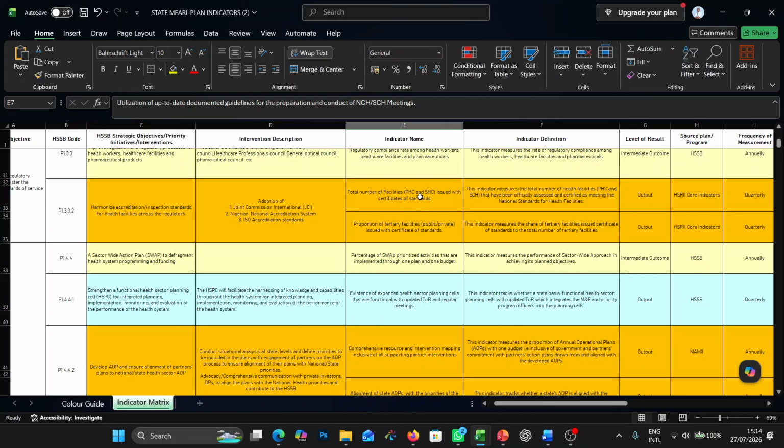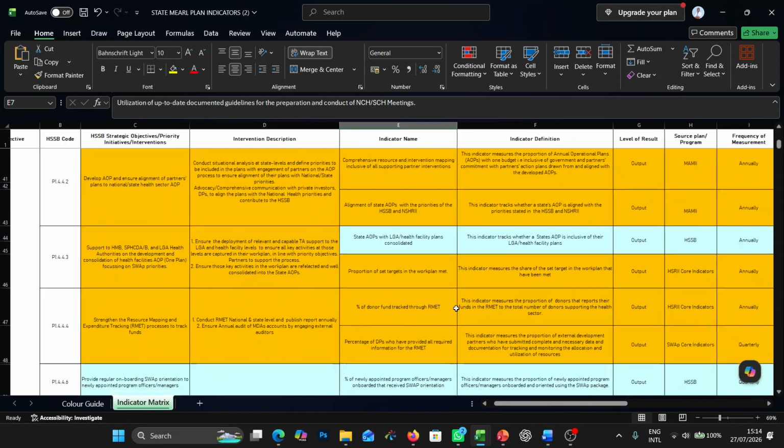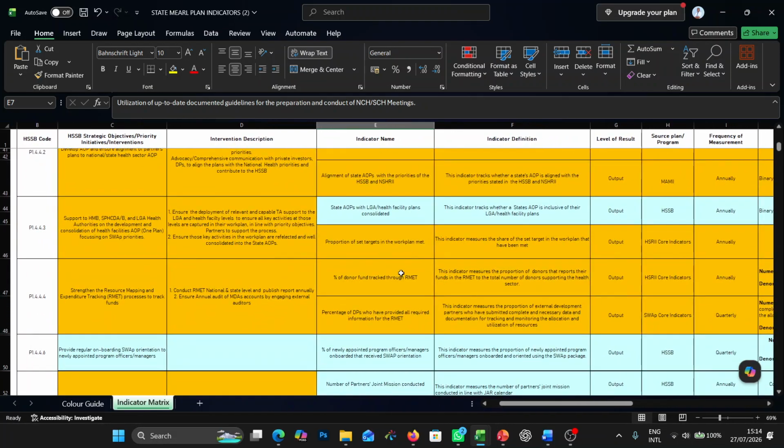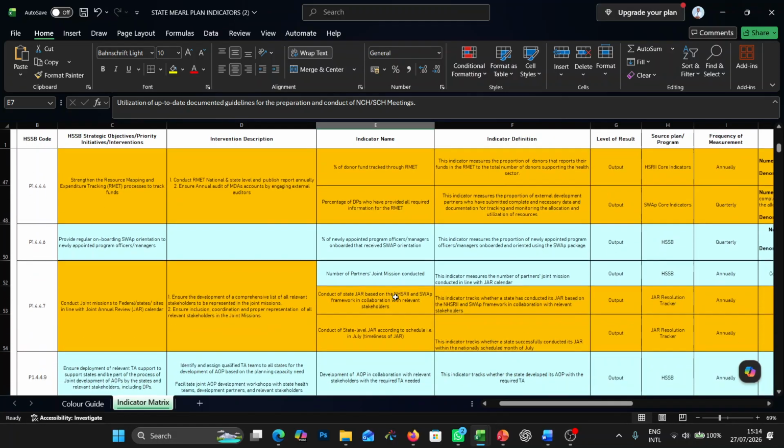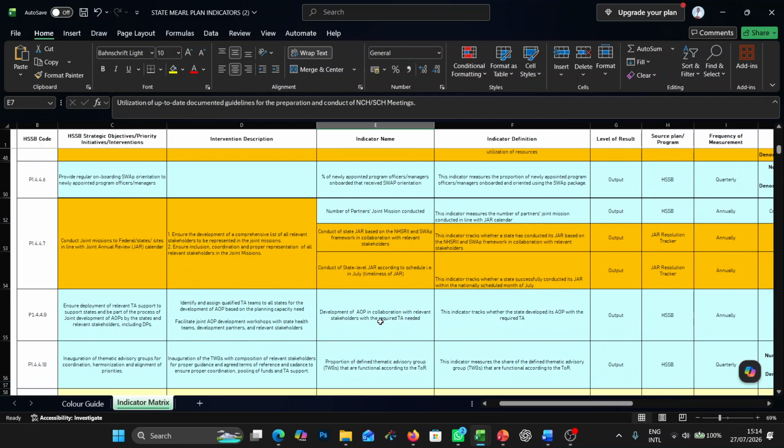As you can see here, there are 2 indicators mapped to this one intervention. And also you can see here, we have about 2 here too. We have 3 here. So those were the intervention indicators that were mapped. So you can see, just like I was mentioning, the same indicator in the federal level MEL planning matrix is what we are seeing here at the state level.